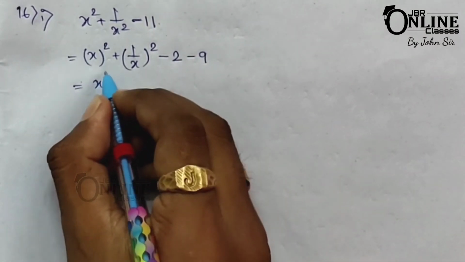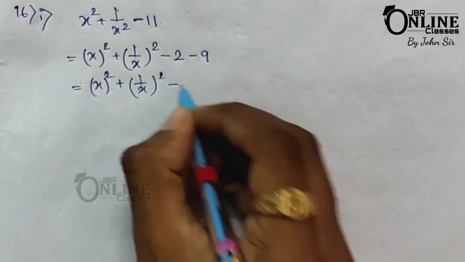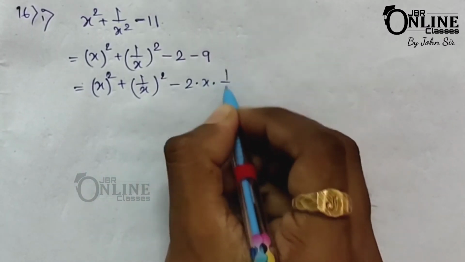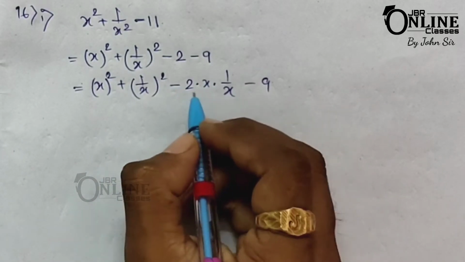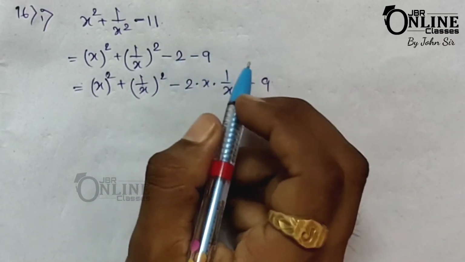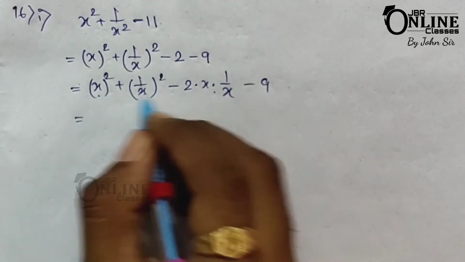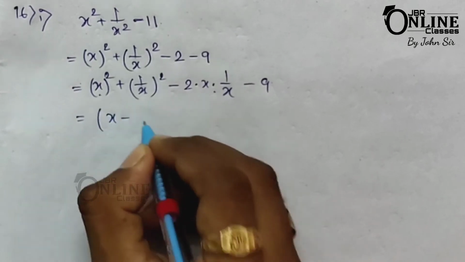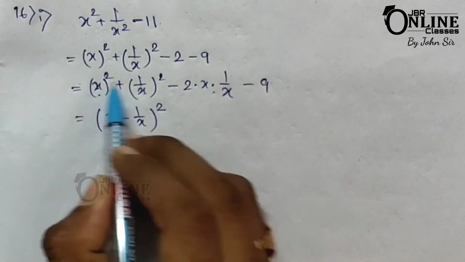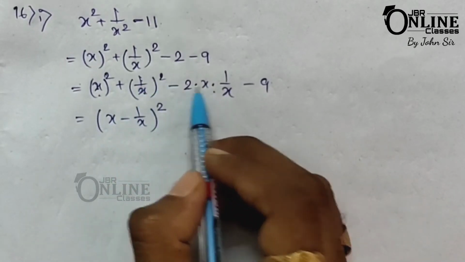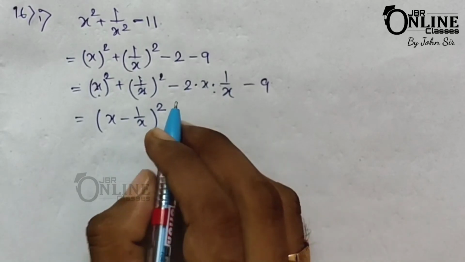Now here x square whole square plus 1 by x whole square and minus 2, you can write minus 2 in this way. Okay, so if x will be cancelled out, then minus 2 is as same as the previous line. Okay, so now 1, 2 and 3, these three make a formula, and the formula is x minus 1 by x whole square, as x as a, 1 by x as b, and here 2 into ab, that means a minus b whole square formula.